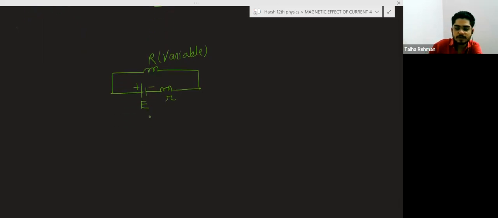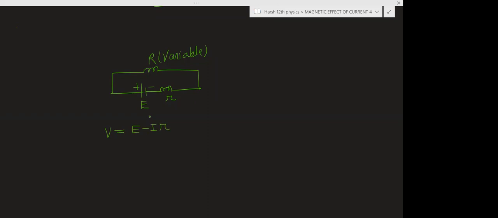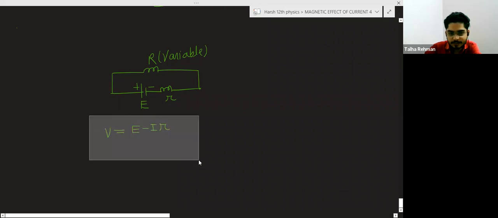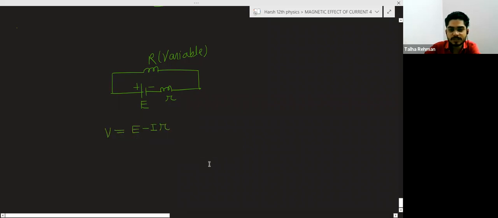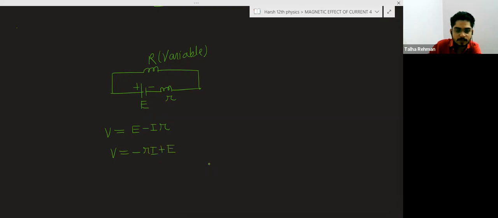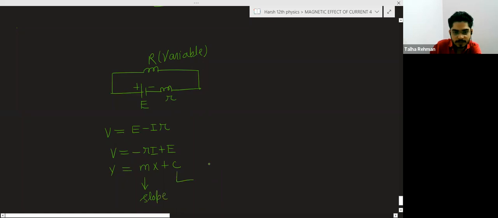So the terminal voltage of the cell will be given by E minus I into small r. So this is the equation of a straight line: V is equal to minus r into I plus E. This is y is equal to mx plus c, where m is the slope and c is the intercept on the y-axis.